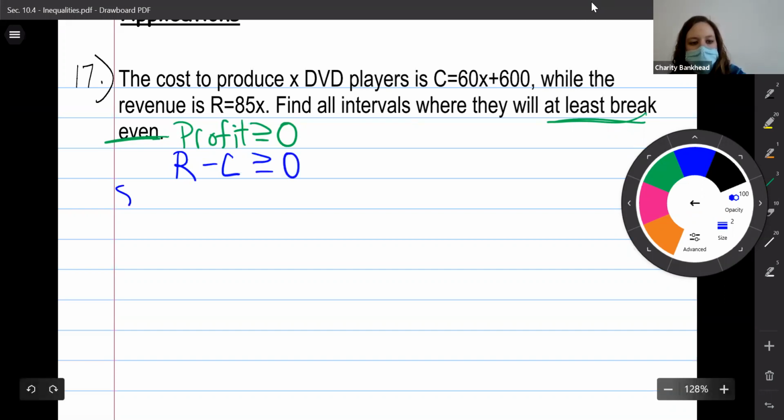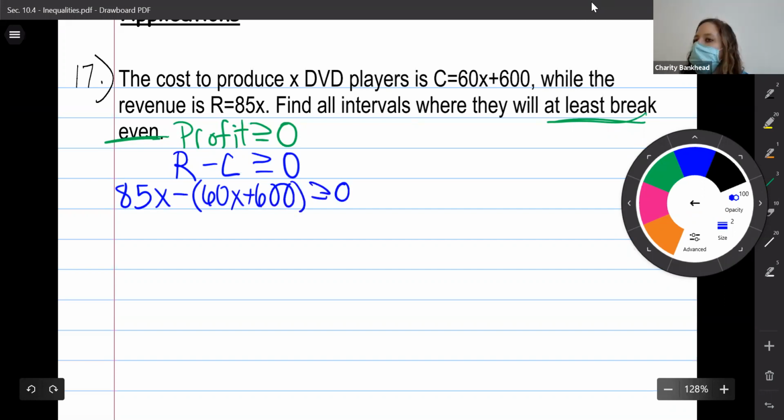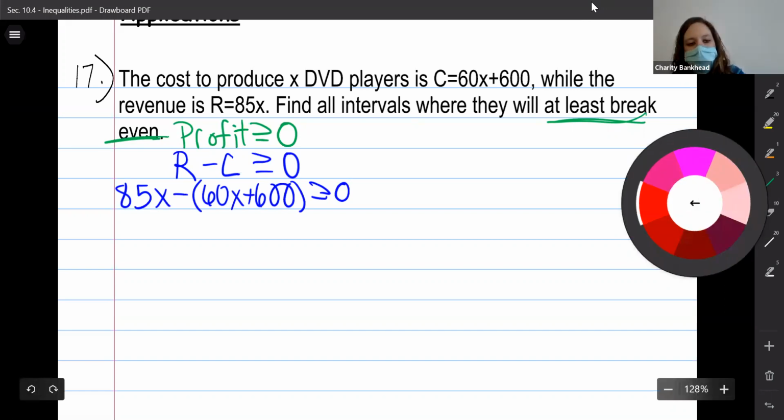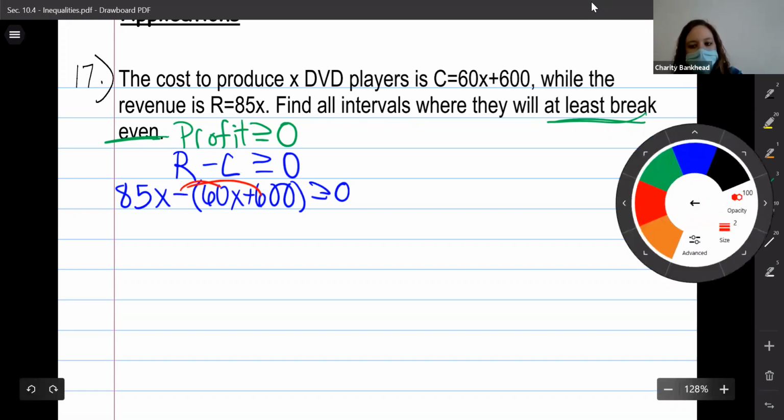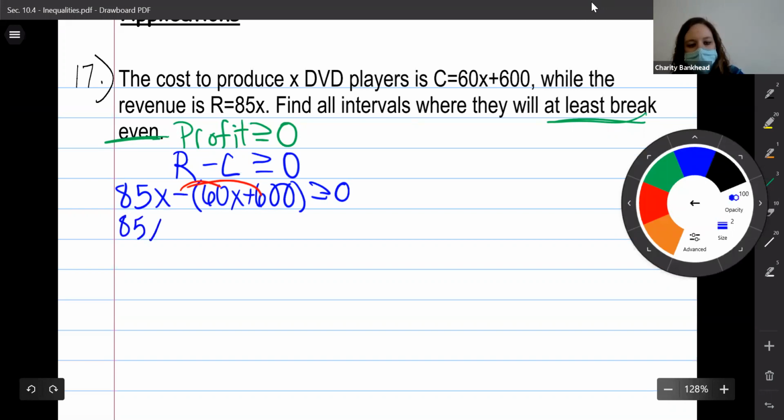So that means 85x minus parentheses 60x plus 600 should be greater than or equal to 0. So let's distribute the negative. So I have 85x minus 60x minus 600 is greater than or equal to 0.